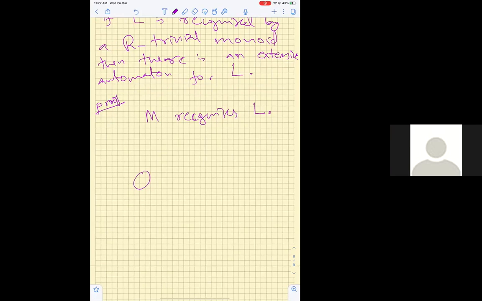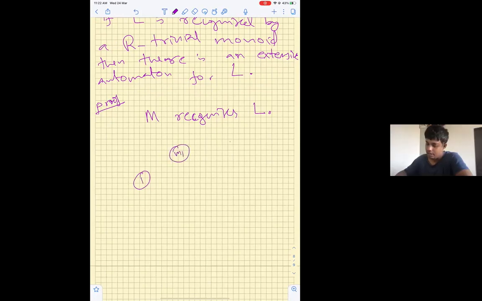The states are just the elements of the monoid: M1, M2, M3, etc. And on letter a, M1 will go to M1 dot h of a, and so on. So now this is an automaton.